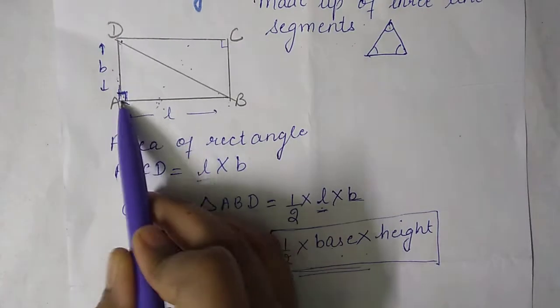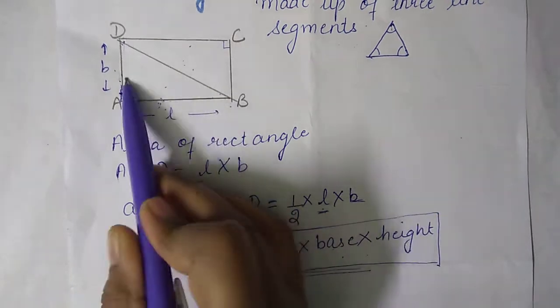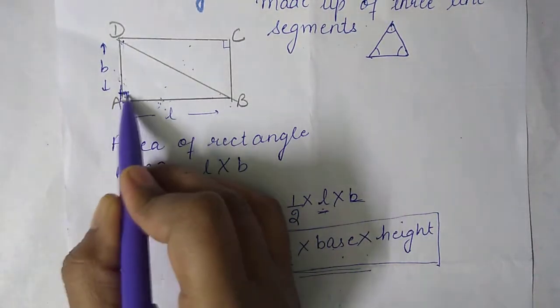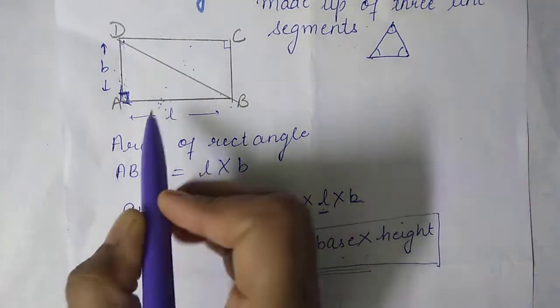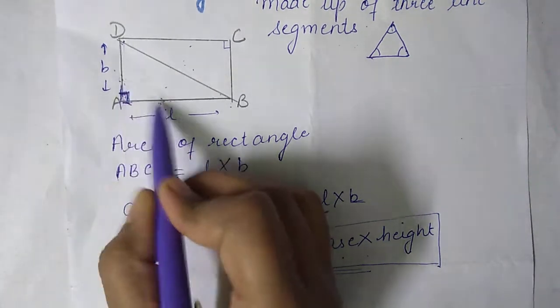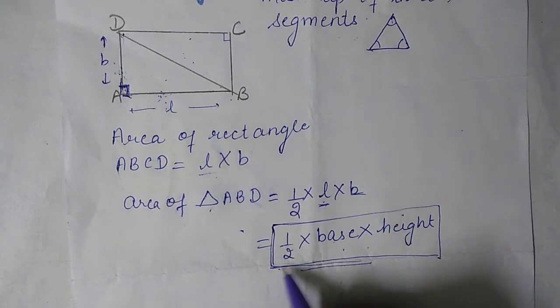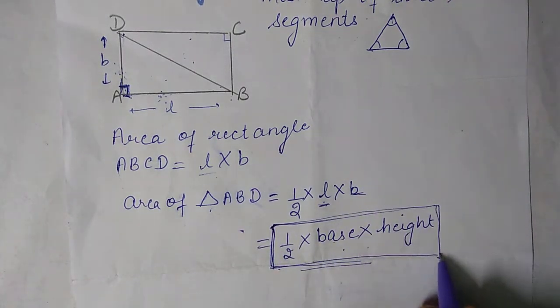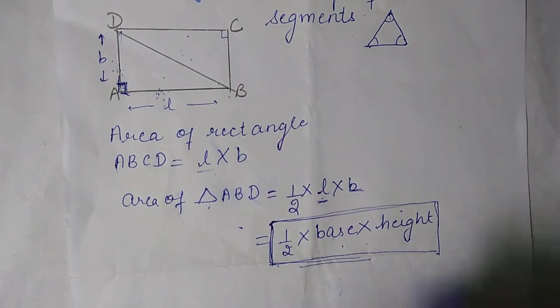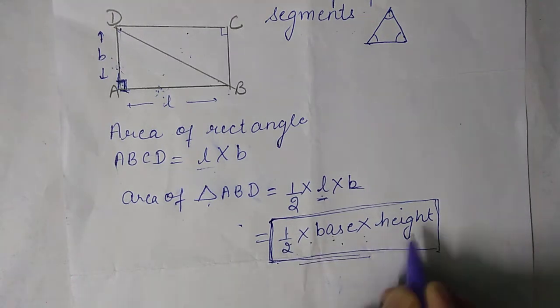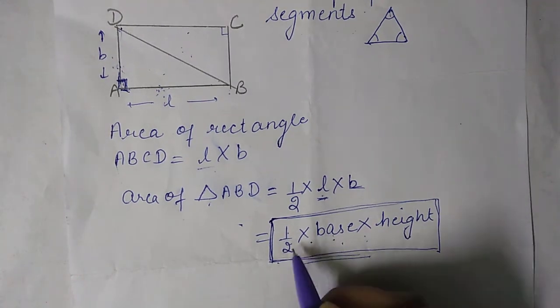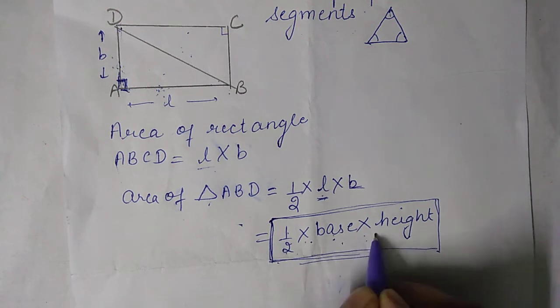Any one of them you can take as base. If 90 degree is at the vertex of the triangle, then any one of these 2 sides you can take as base and height. So this is the formula for finding area of a right angle triangle, that is half into base into height. Again I am repeating, half into base into height.